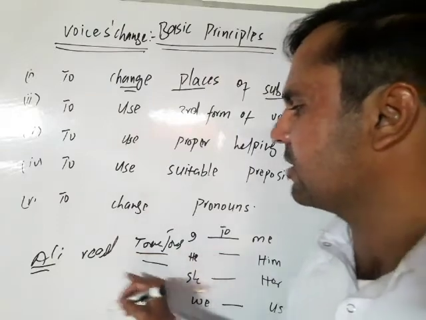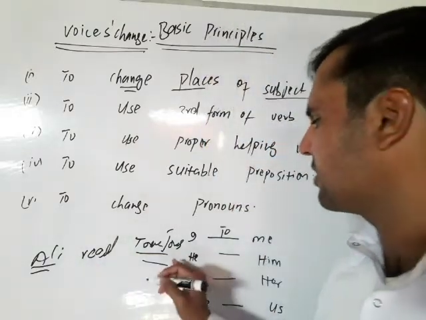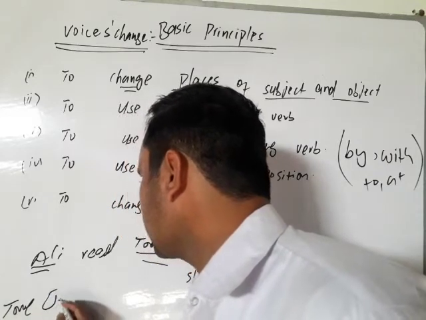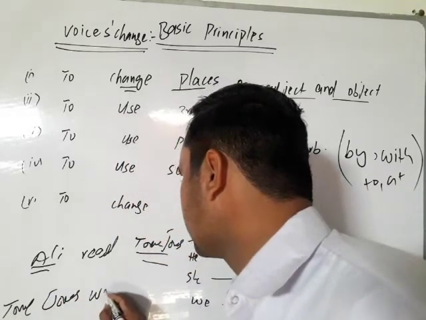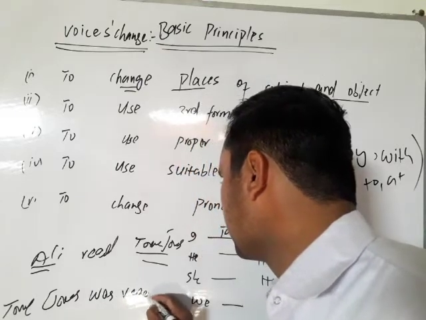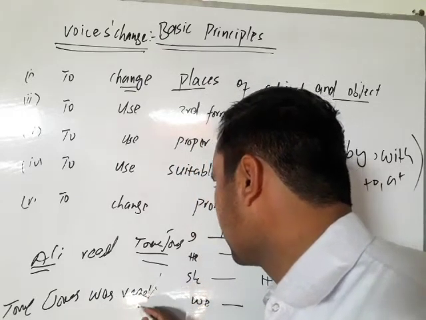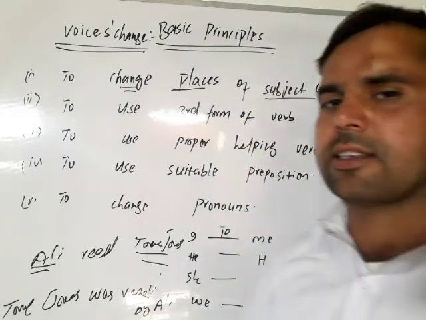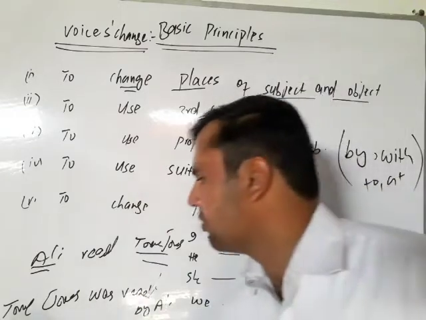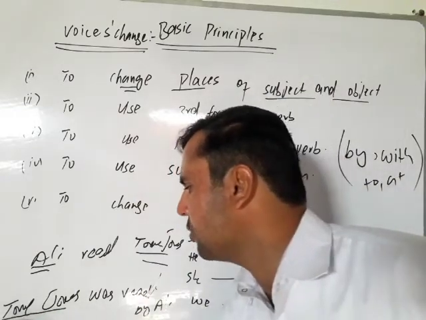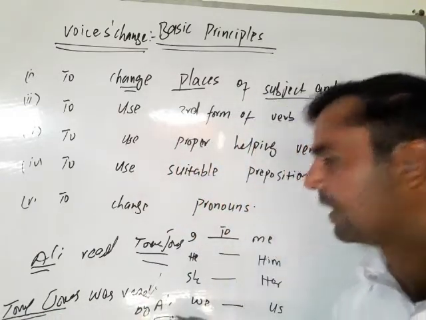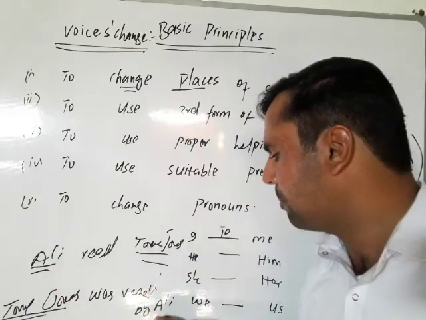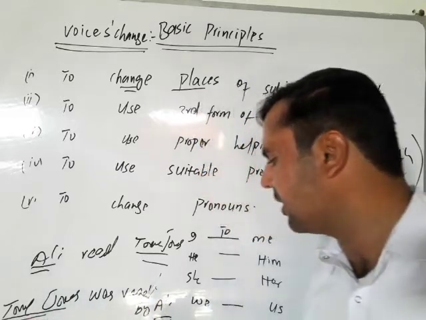If we change this sentence into passive voice, it will be Tom Jones was read by Ali. So we see that we change the position of Tom Jones and Ali. Ali was subject, Tom Jones was object, and we put Tom Jones to the start and Ali to the end of the sentence.